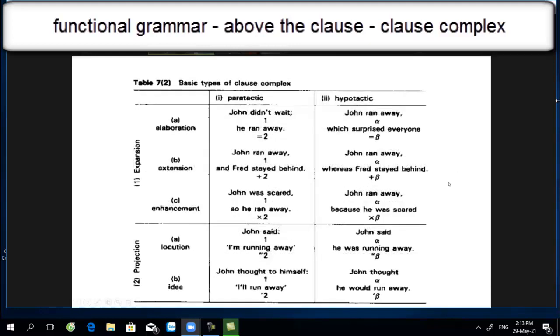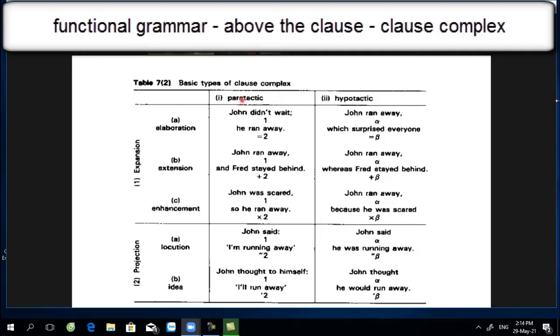This is the basic types of clause complex. Let me show you. So here this is paratactic. It is the relationship between equal elements, đẳng lập, right?